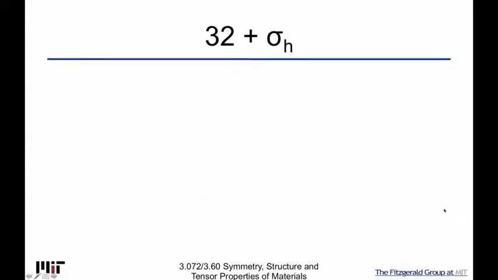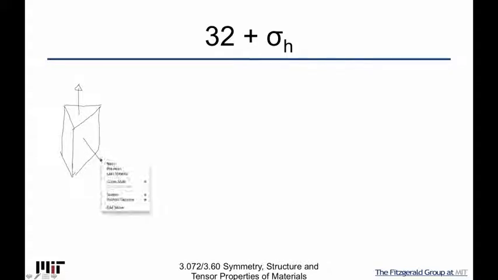Now before I do that, I want you to remember that we had used these kind of classic shapes to represent some of these. And just to trigger your memory here, this was the one where we found that I could have a twofold axis coming out of this face.